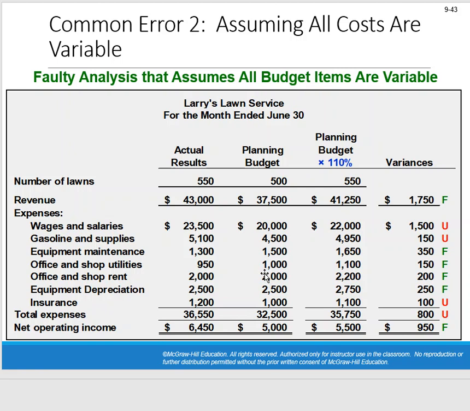Remember, office and shop utilities, office and shop rent, equipment depreciation, insurance, these were all fixed costs, and the planning budget shouldn't increase. Those were fixed. So they're assuming that everything here is variable and just multiplying the whole thing by 110%. Also faulty analysis.